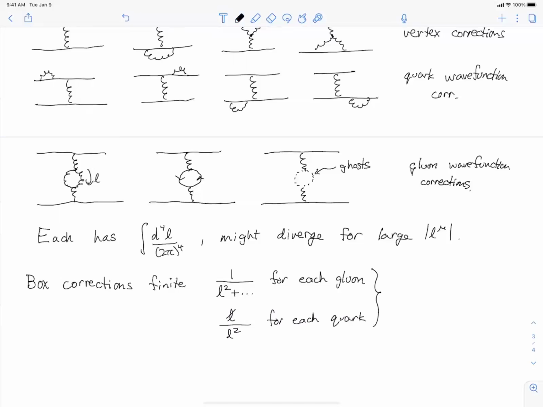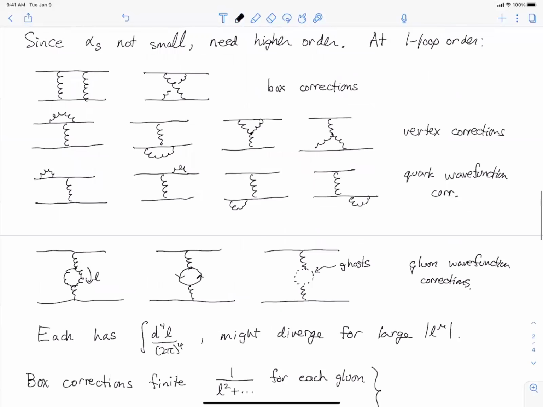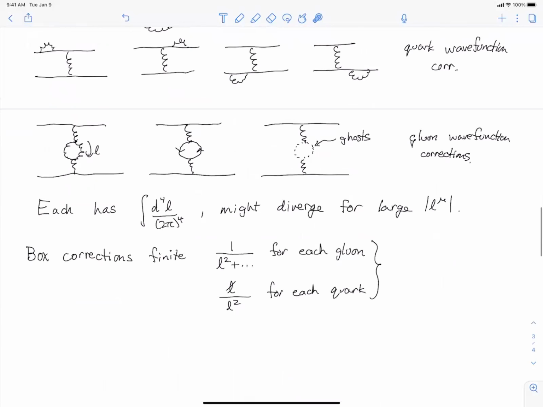And so if you put that all together for the box diagrams, each one of them has 2 fermions and 2 gluons. Okay, and so this will be integral d4L, L slash, L slash. I'm just doing power counting, so I'm not worried at all about the fine structure of this.